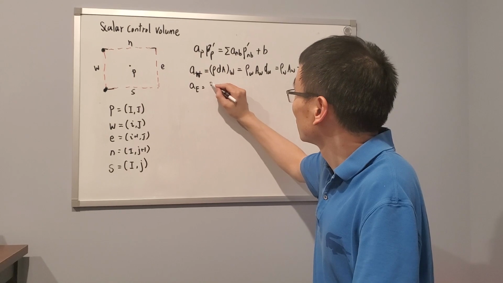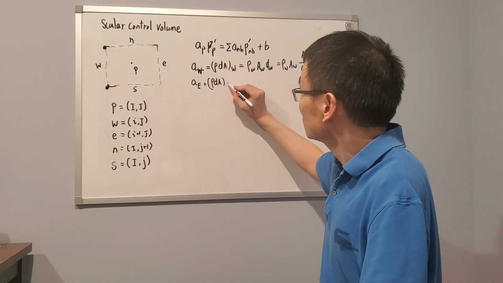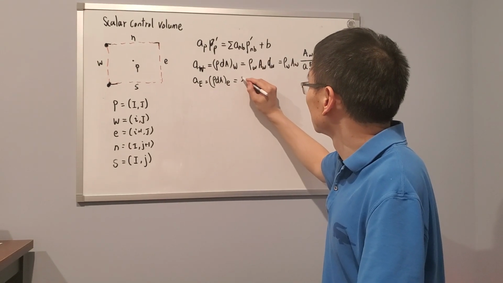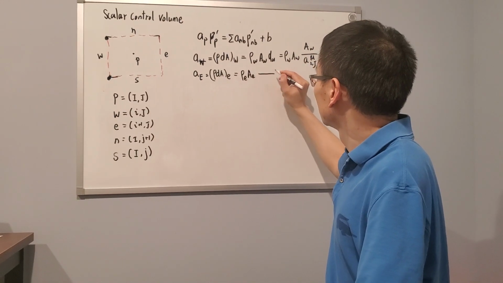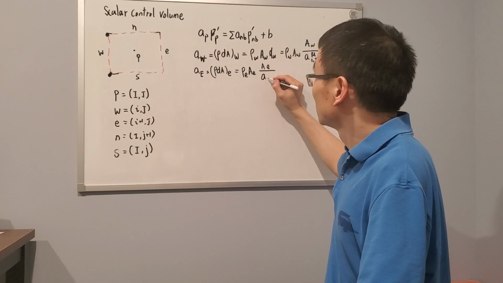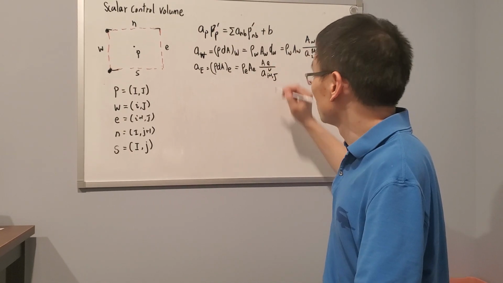So with that, we can compute AW coefficients for AE coefficients. Similarly, we have rho dA E, that is rho E AE divided by A I plus 1 J from U momentum equation.